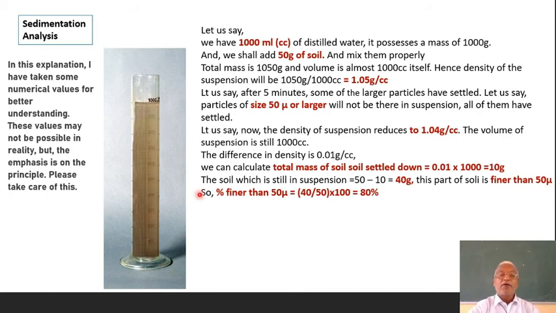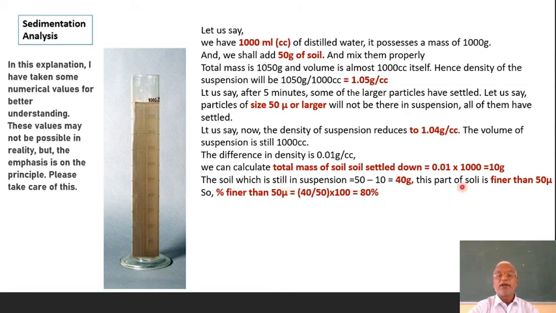So I can make a statement: the percentage finer than 50 microns will be equal to 40 grams out of 50 grams multiplied by 100, that is 80%.